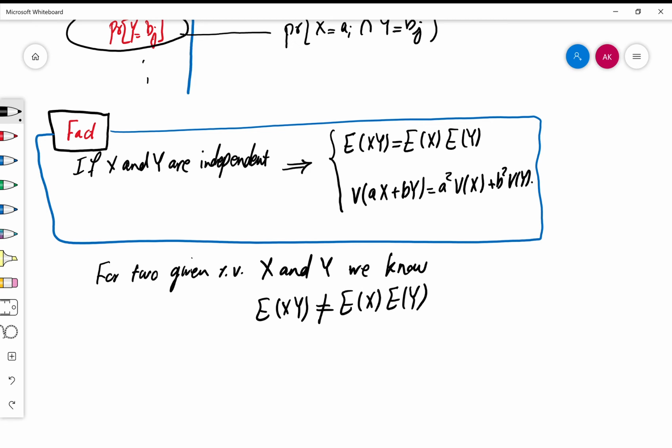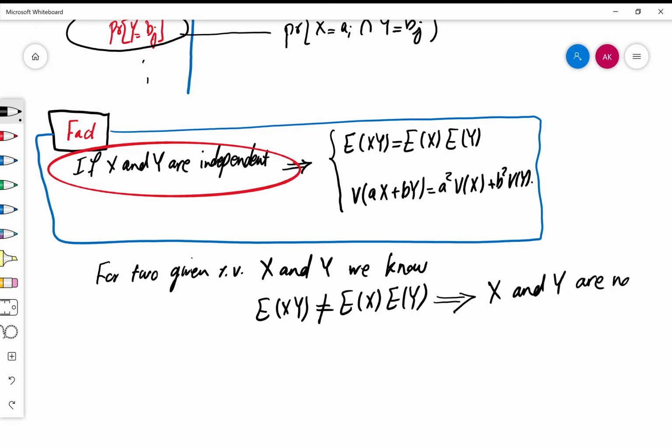The only thing that could go wrong is that the assumption of this statement is not satisfied. In other words, from this we can right away conclude that X and Y are not independent.